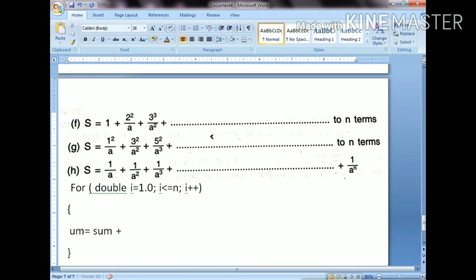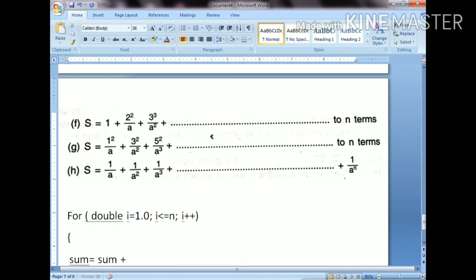Here I have to write double sum equals 1. I just skip this part.